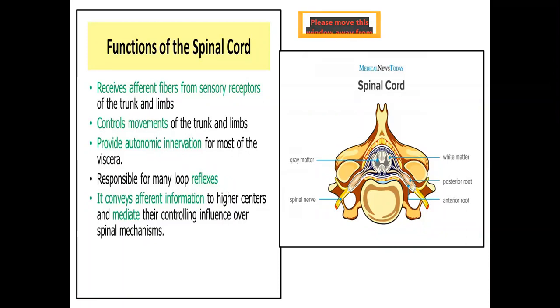Your left hand is instructed to hit the mosquito and kill it. That means this information that mosquito is biting is relayed to the spinal cord, and spinal cord instructs your left hand to hit on the right hand so that the mosquito dies.